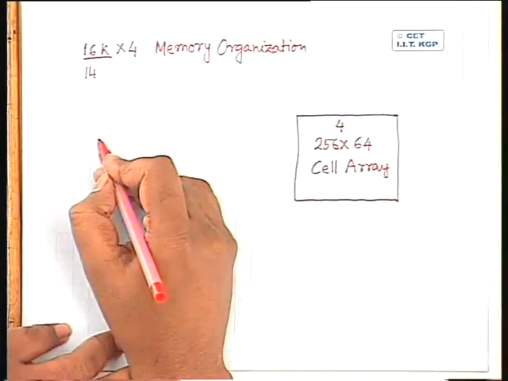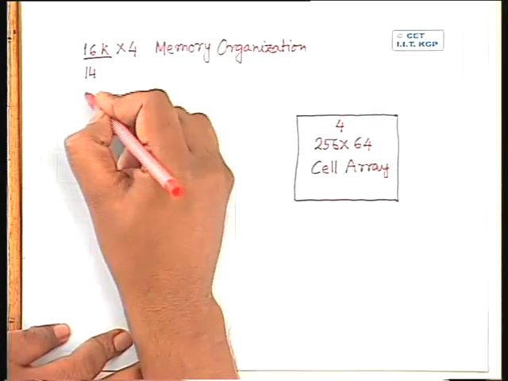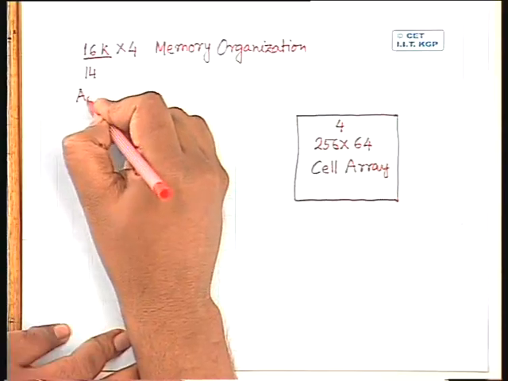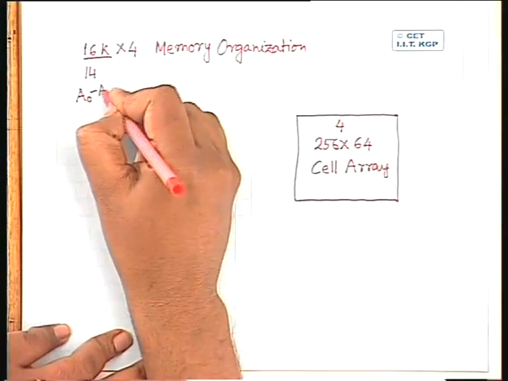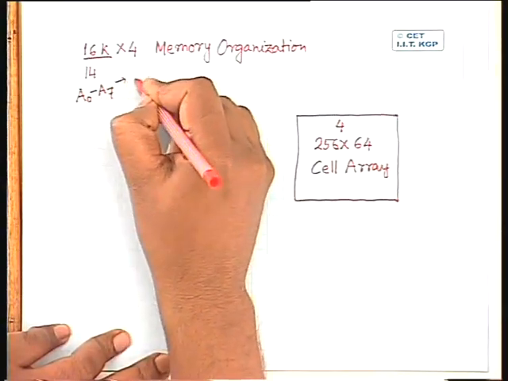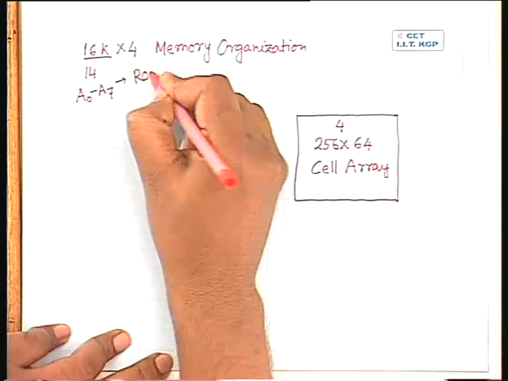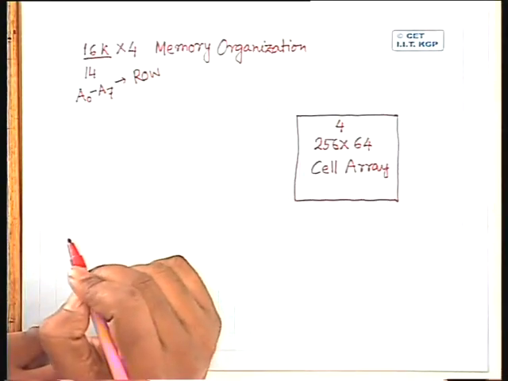Because 2 to the power 14 is 16K. These 14 lines I break again in the form of row address and column address. I will assume that 8 of these address lines A0 to A7 will be the row address. Okay.